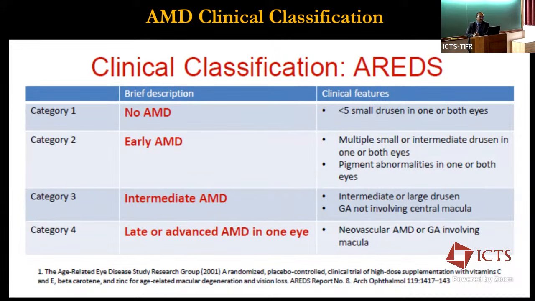Category 3, a little more serious, intermediate AMD: intermediate or large drusen, and geographic atrophy not involving the central macula. Category 4, the most devastating, late or advanced AMD: neovascular AMD or geographic atrophy, but this time involving the macula.